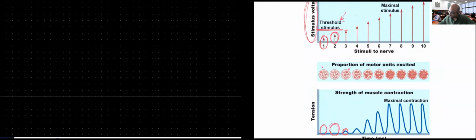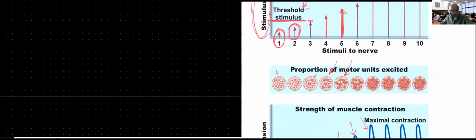As you keep increasing the strength of the stimulus beyond the threshold, so the minimum is the threshold, I need to get a higher stimulus than the threshold. As I keep going up, increasing the strength of the stimulus, more muscle fibers are going to be recruited, and as more muscle fibers are recruited, I will be creating a stronger muscle contraction.